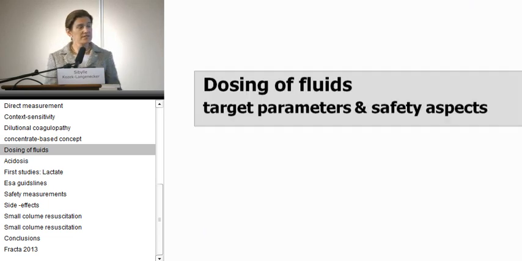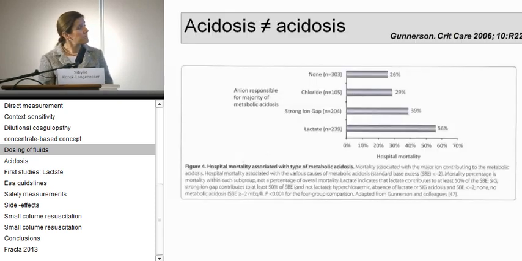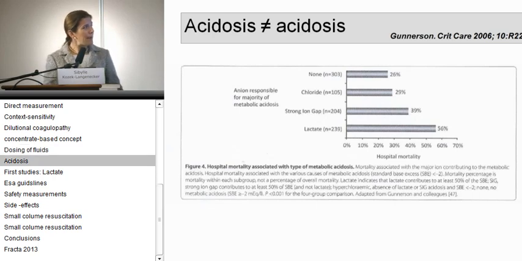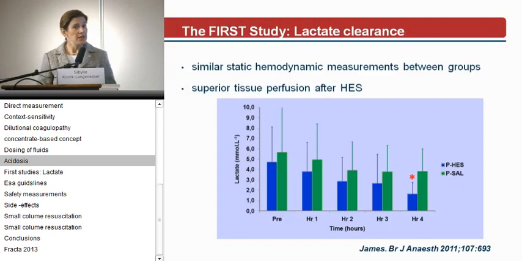So for us, the question is how to dose, how to target our infusion therapy. We know that more patients get killed, if you will, by lactate due to tissue perfusion compared to strong ion gap or chloride. But still, these things need to be considered in our fluid strategy, favoring a balanced approach, of course.